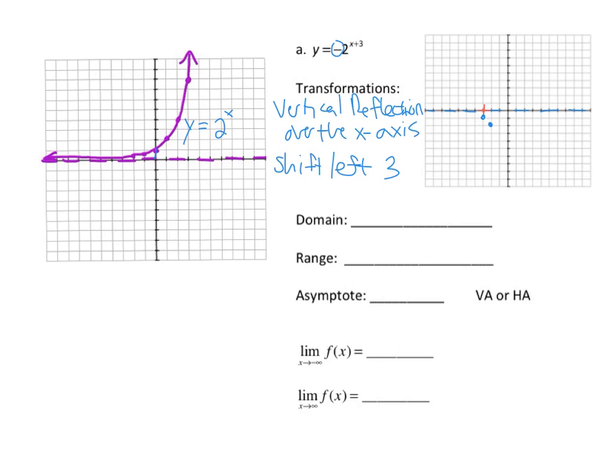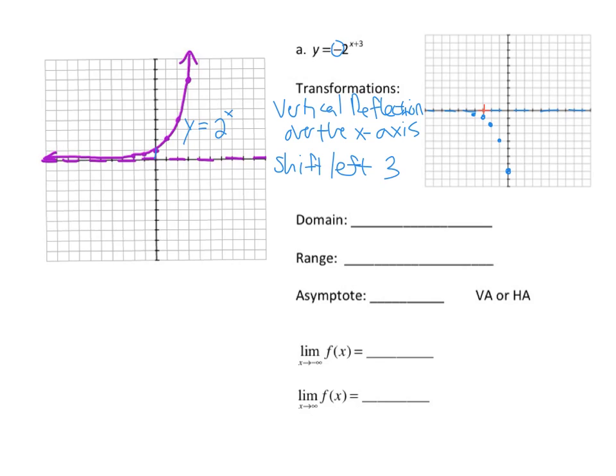And then my next point is going to be right 2 down 4, right 3 down 8. And then from my starting point, as I go to the left, I'm going to go left 1 and then down half.